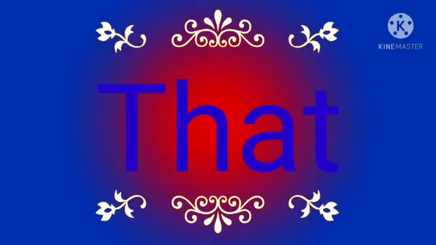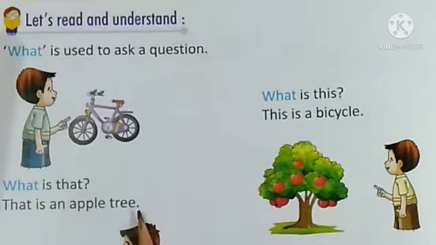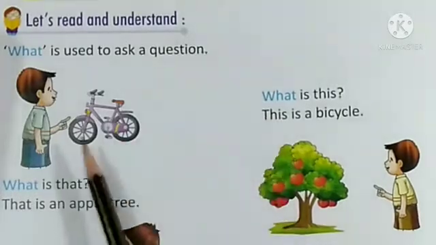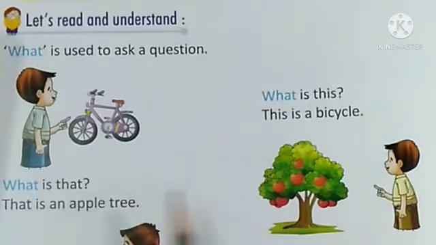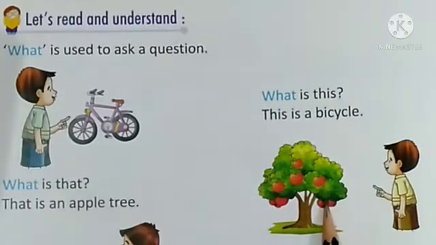This and that are used with singular number. In the previous video, you learned about this and that. This is used for the thing which is near, and that is used for the thing which is far from us.